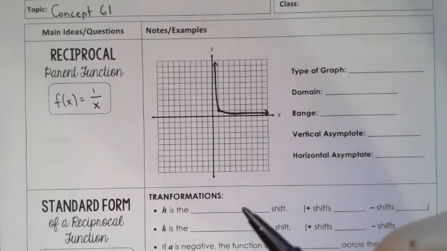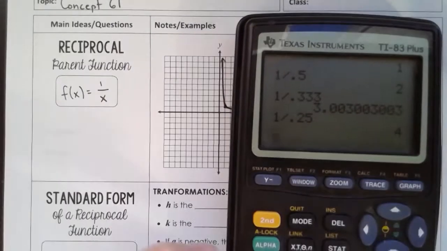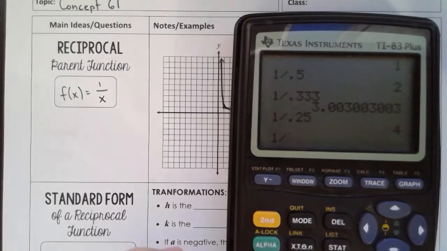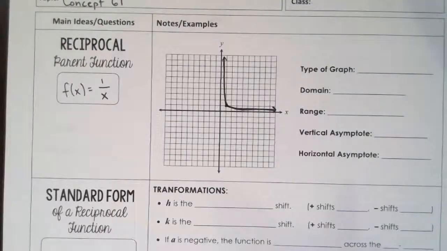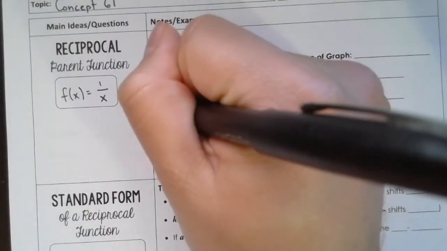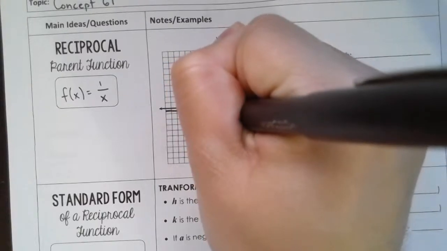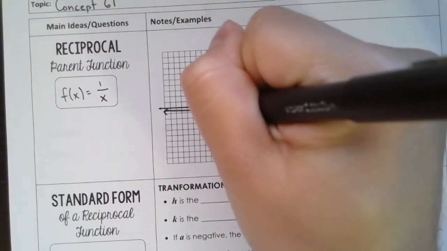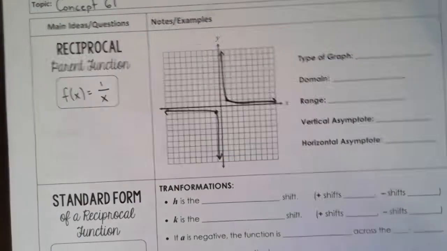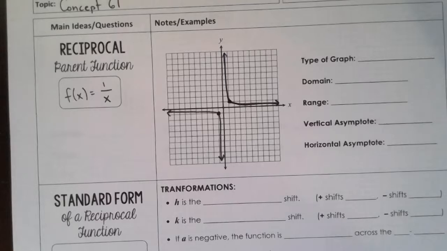If you plug in negative 1/4, 1 over negative 0.25, you're going to get negative 4, and so on. So it looks like it reflects, and you're going to get something like this. At x is equal to negative 1, f of x will be equal to negative 1.